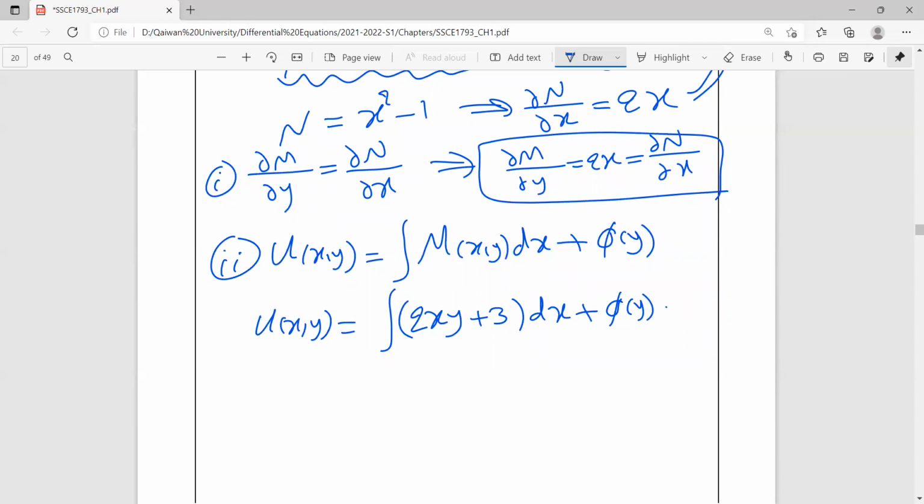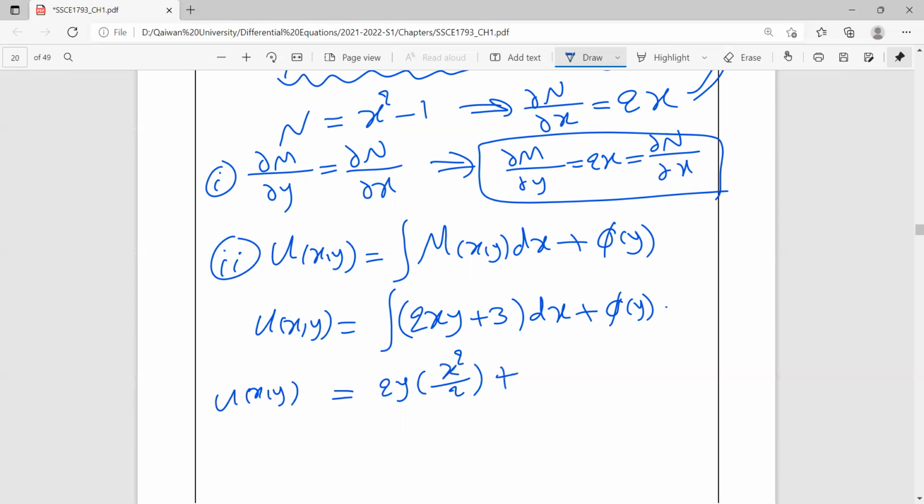And here we have 2xy. So we just take integration for x. What's the integration of x? X is x squared over 2. And here we have 2y also. We have u of xy equals 2y x squared over 2. Here we just take integration for x because 2 and y are both constants.